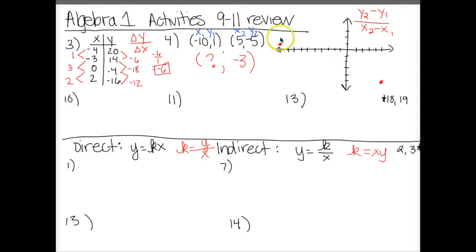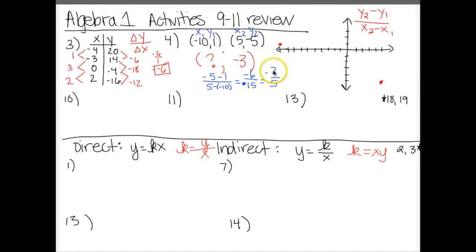If I plug into the formula, I end up with negative 5 minus 1 over 5 minus negative 10. That gives me negative 6 on top and a positive 15 on the bottom. They're both divisible by 3, which gives me negative 2/5. The reason I wanted the slope here is because then I can find the exact points in between.